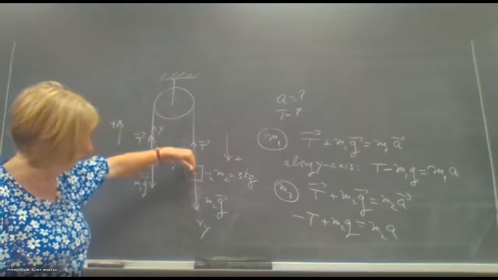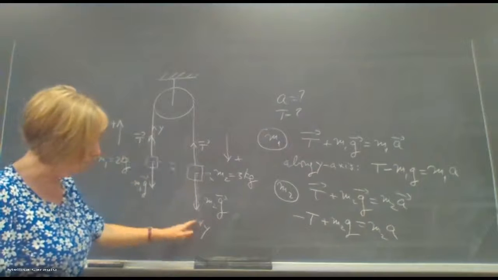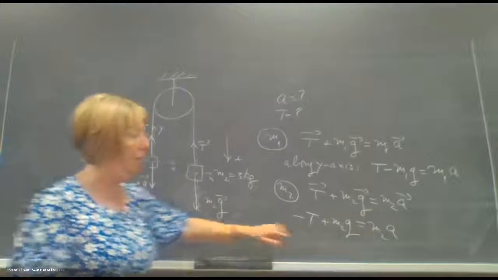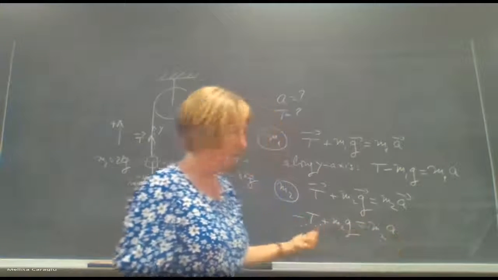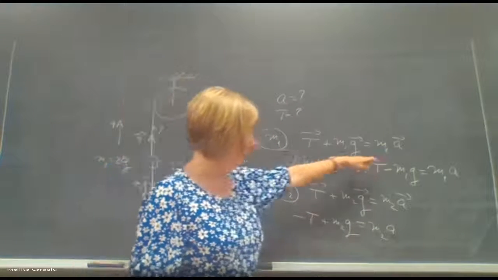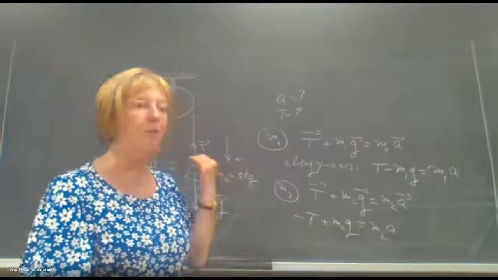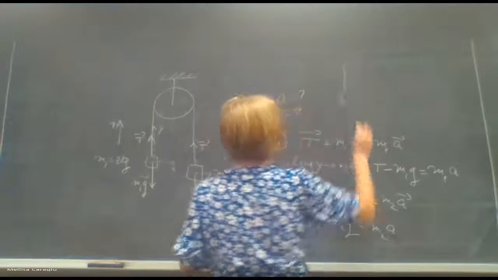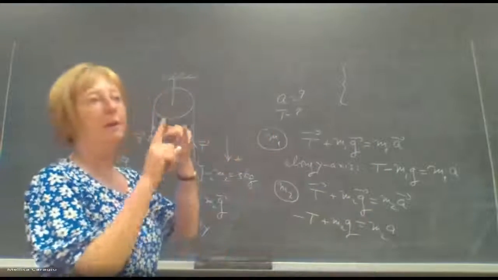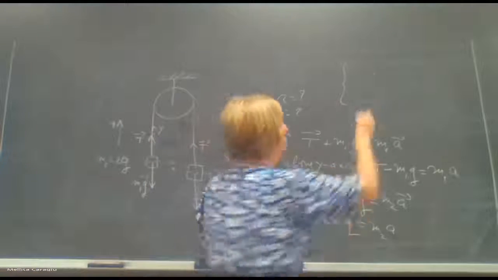and now since the object moves down with an acceleration pointing down and the positive y is also down, then this acceleration also has a positive component. And these two are the two equations, two unknowns that you need in order to solve for A and T. So let me copy them.